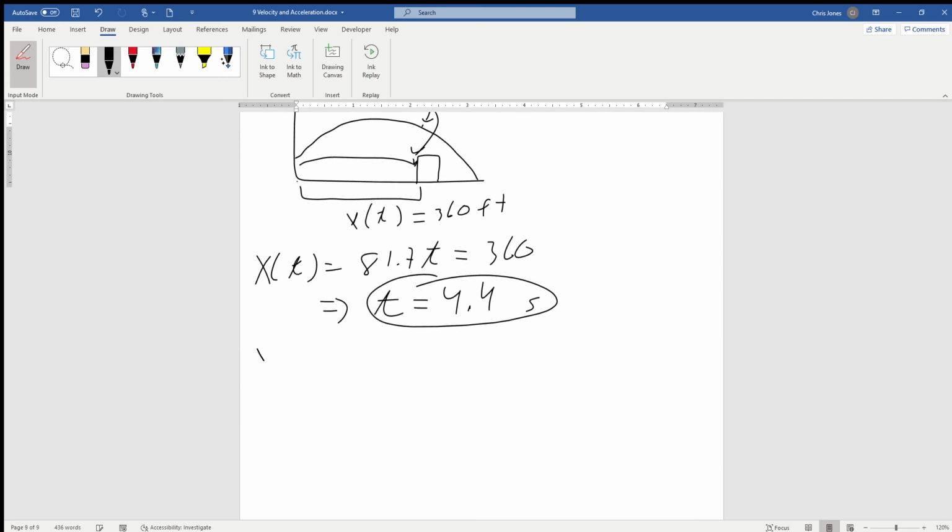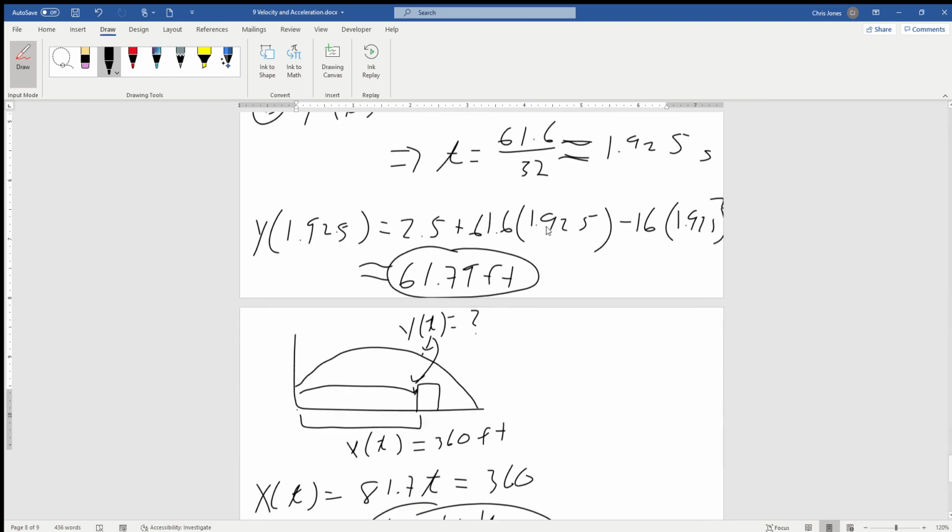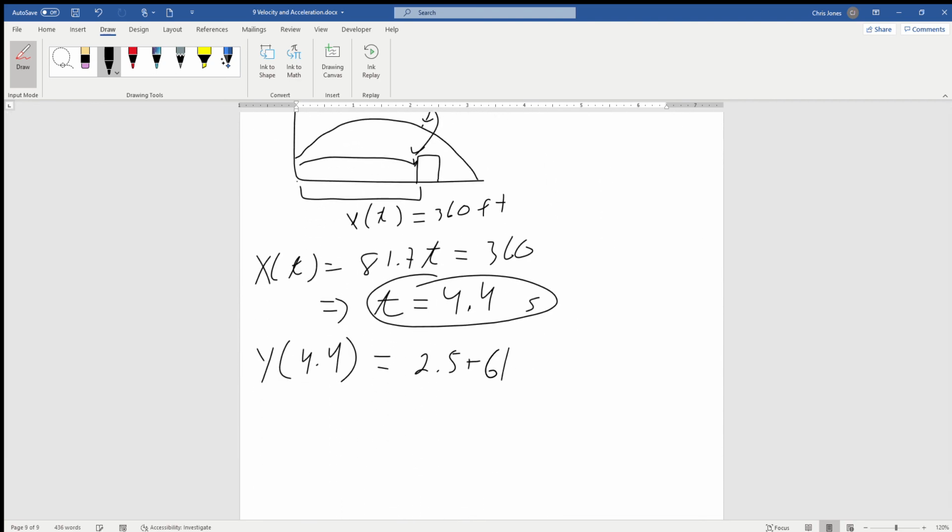greater than 10. So y at 4.4 is going to be equal to 2.5 plus, I think we had 61.6, times 4.4 minus 16 times 4.4 squared. I'm going to throw that into the calculator.